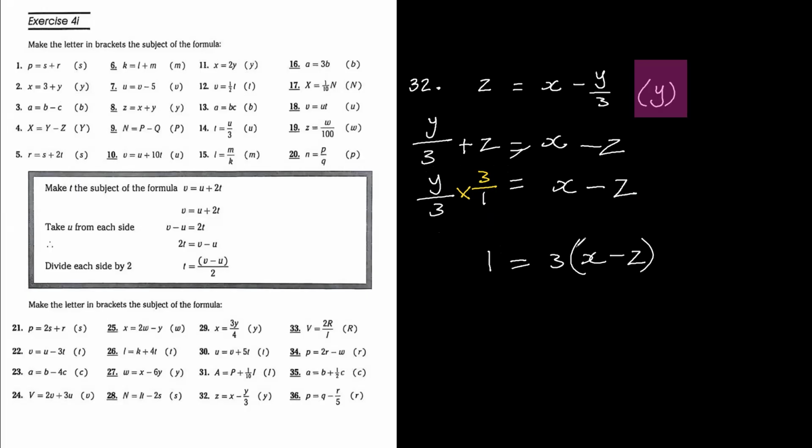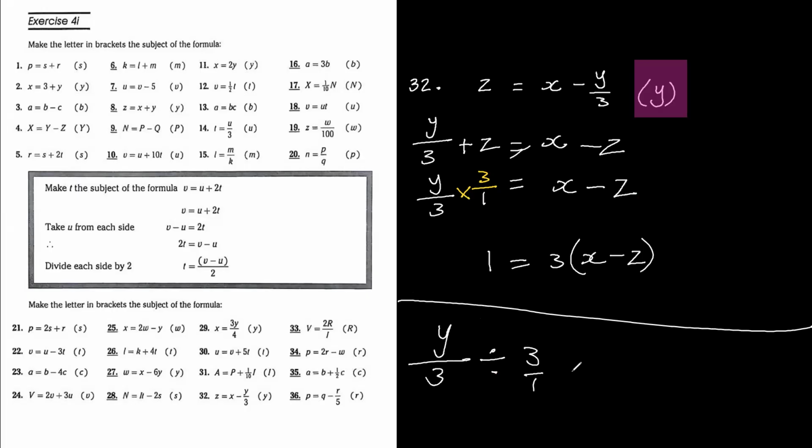Sir, I wanted to know if you could have also divided it by 3. No, you can't divide by 3, because y over 3 divided by 3 is equal to y over 3 multiplied by 1 over 3, which is equal to y over 9.